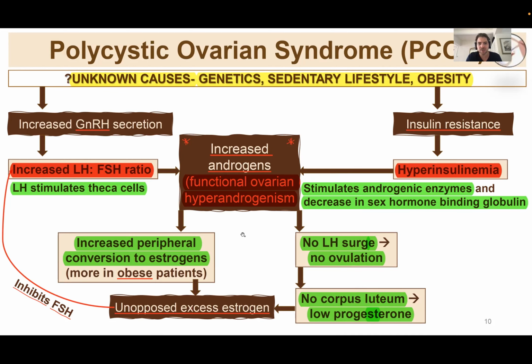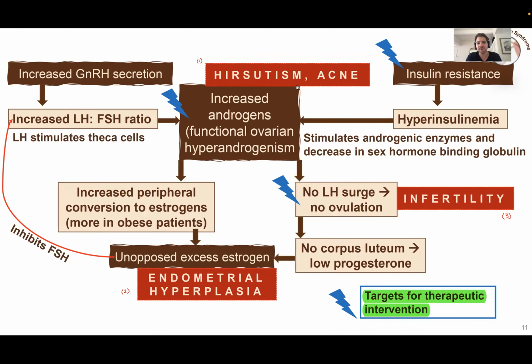This is a combination that will lead to this. You get hirsutism and acne due to the increased androgens. With that conversion to estrogen, you'll get endometrial hyperplasia. With no LH surge due to the tonically elevated LH, you won't get ovulation, so you'll be infertile. These are the three things you definitely want to know about this.